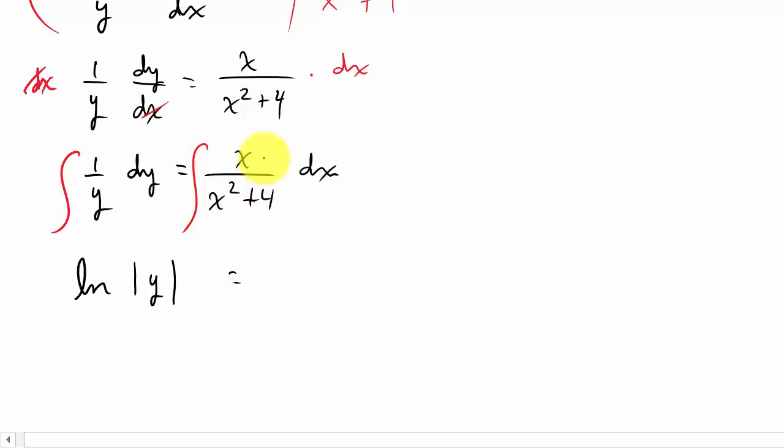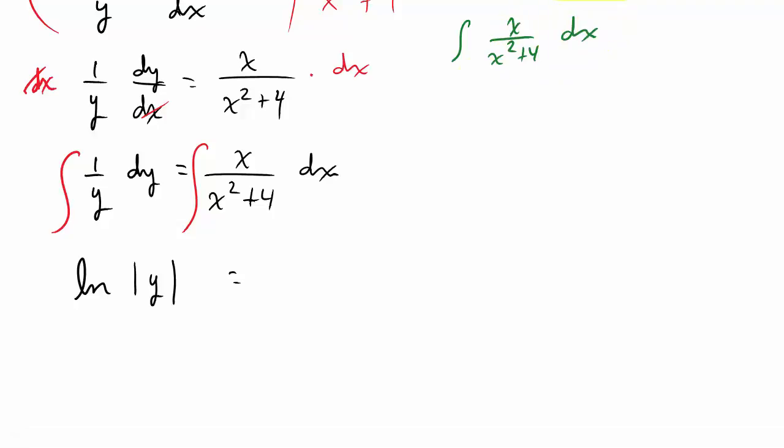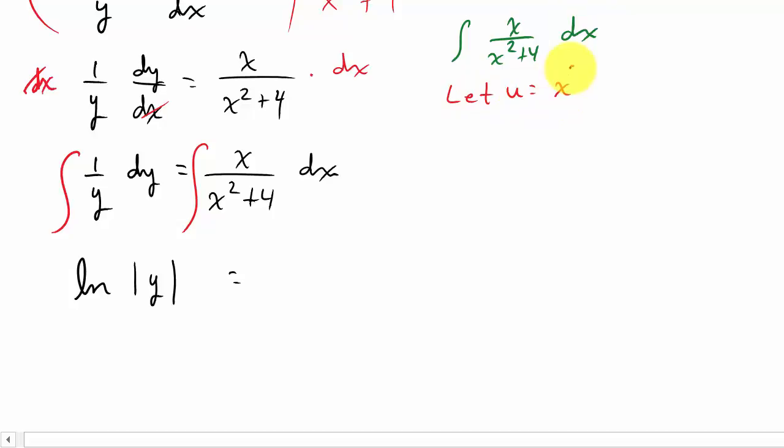Alright, so let's just come over here to the side and do that. So I have x over x squared plus 4 dx. So I'm going to let u equal x squared plus 4, so du is equal to 2x dx.